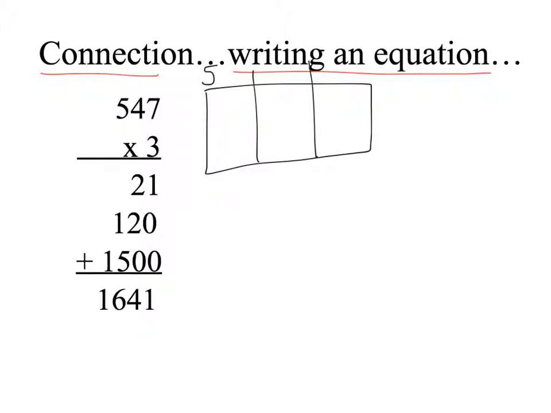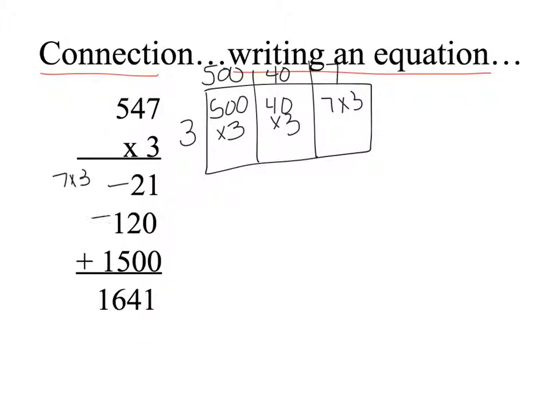I'm going to do 500 and 40 and 7, and I'm going to multiply those all by 3. So I have 500 times 3, 40 times 3, and 7 times 3. When I solved this problem, I did all of those facts and then added them together. This fact is 7 times 3. This fact was 40 times 3.